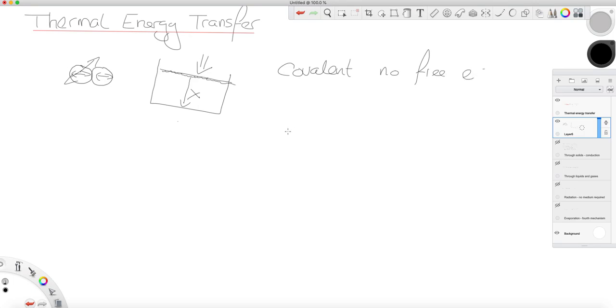So the other mechanism for conduction, free electrons, can't happen. And because the molecules are not bonded together, the transfer along that bond can't happen either because it's not there. So conduction doesn't happen in liquids very well.